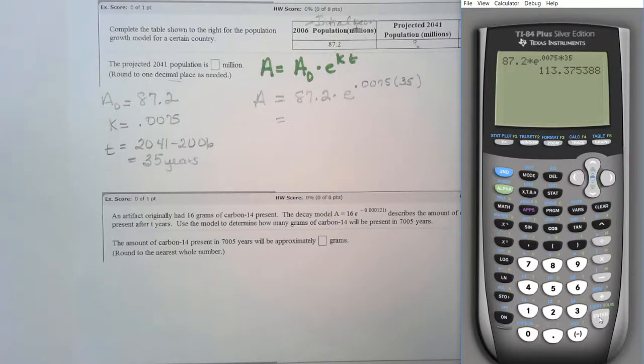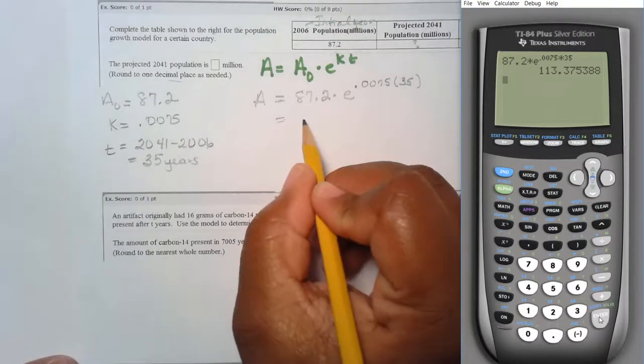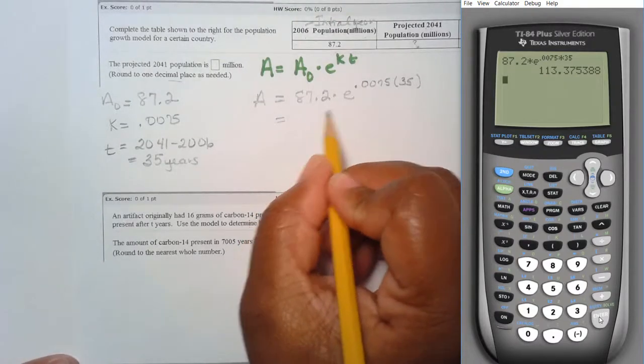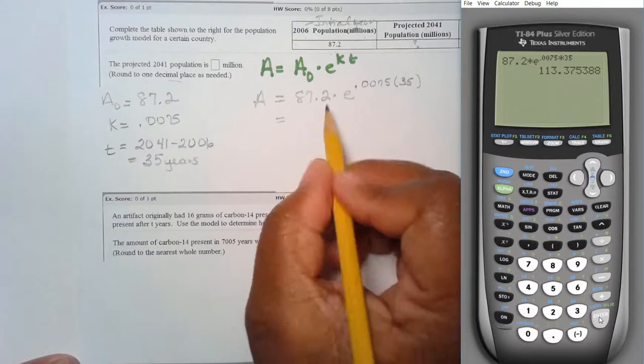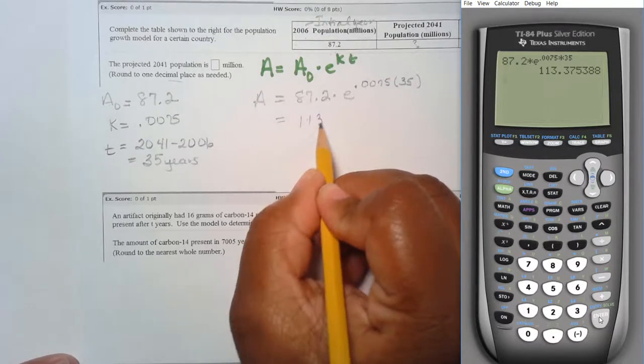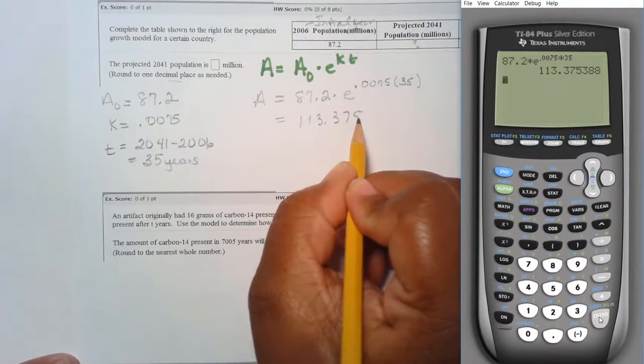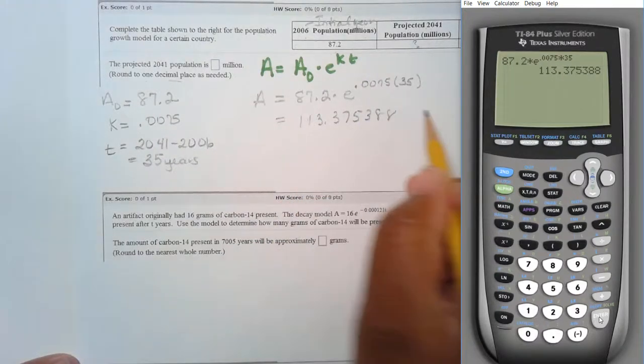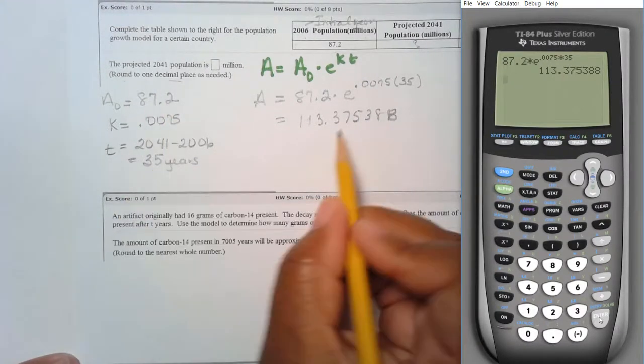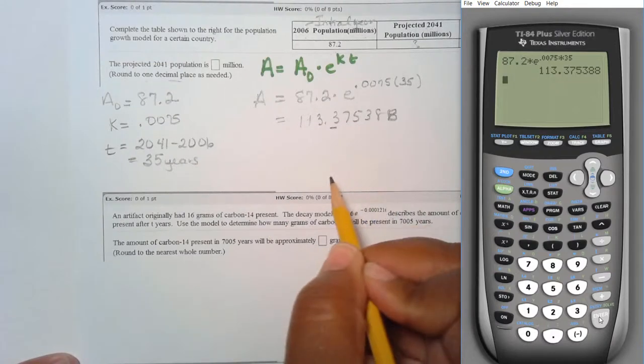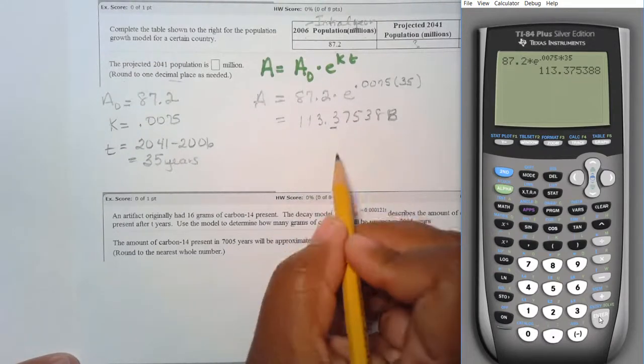Okay, so we have here 113.375388, and we want to round to the one decimal place. So we have to look at the second 3 as we read it from left to right.